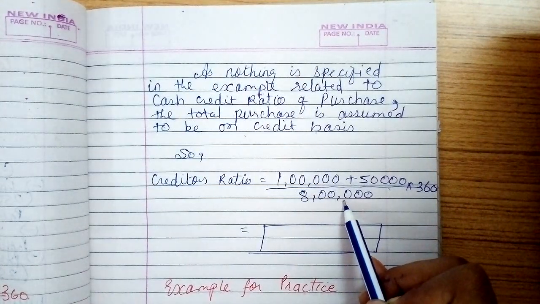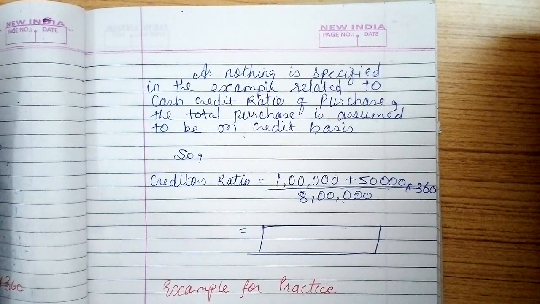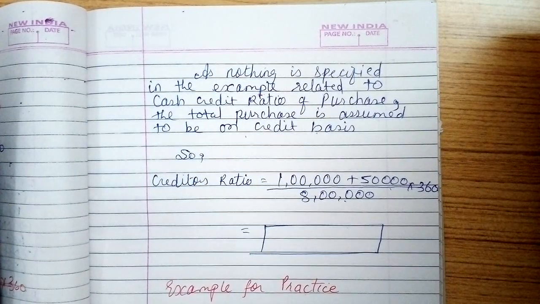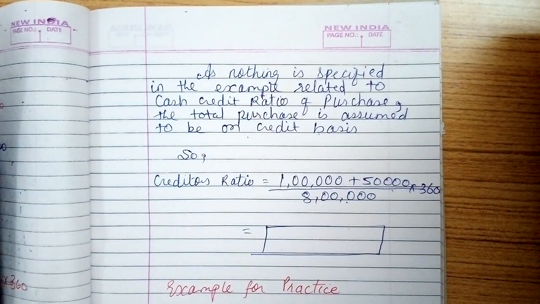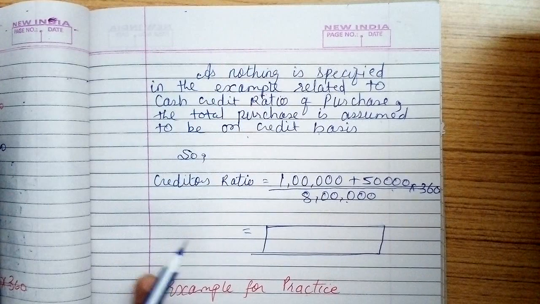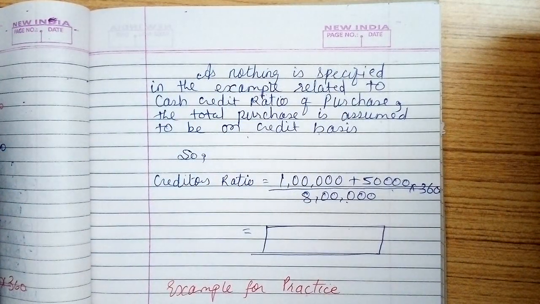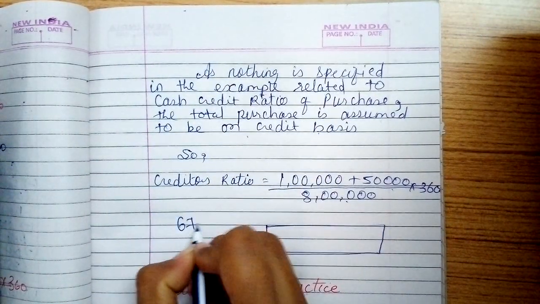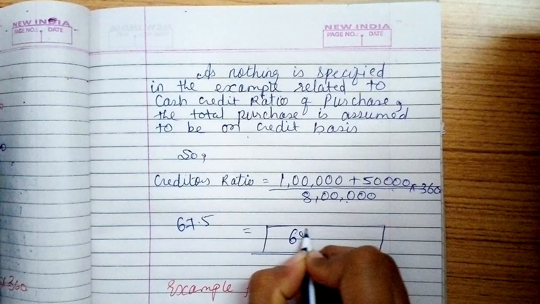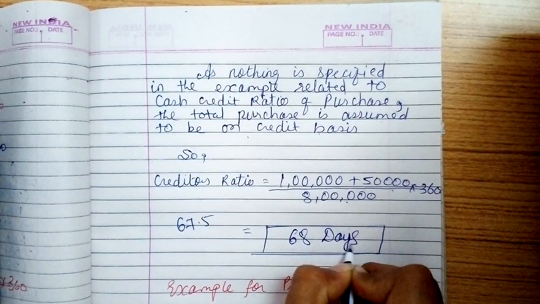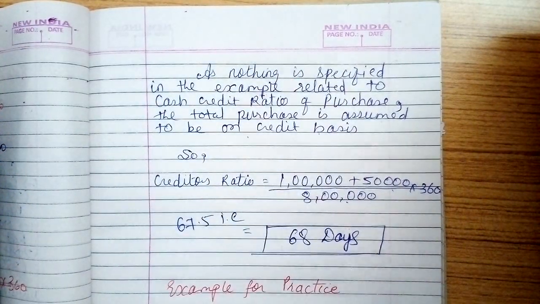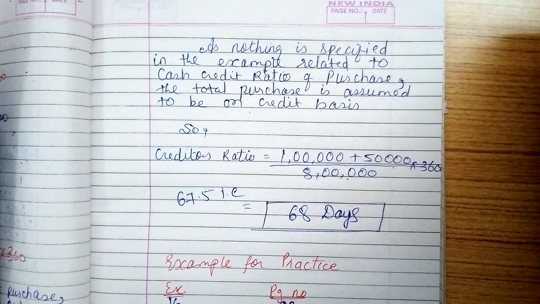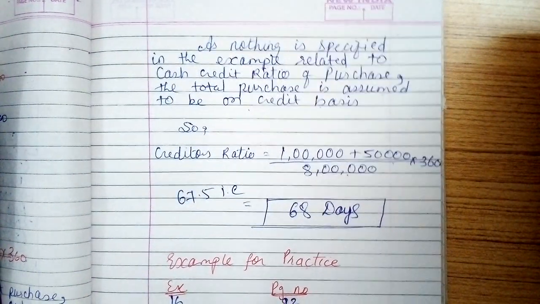Here total purchase is considered to be your credit purchase. So your creditors ratio is 67.5, means 68 days, right? So within 68 days we need to pay our creditors.